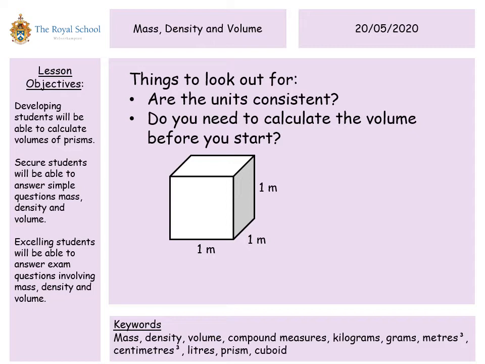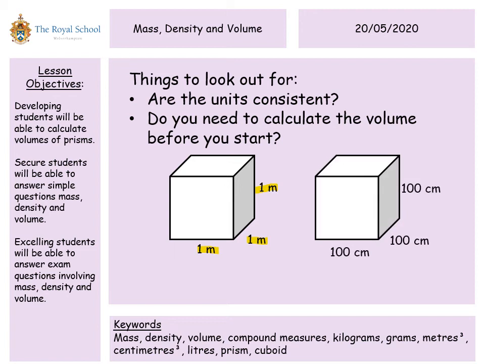Here we've got a cube that is 1 meter by 1 meter by 1 meter. That's really nice because it's going to be 1 meter cubed. But when we're converting that into perhaps centimeters cubed, we can't just say, oh, there's 100 centimeters in a meter, therefore 1 meter cubed is 100 centimeters cubed.